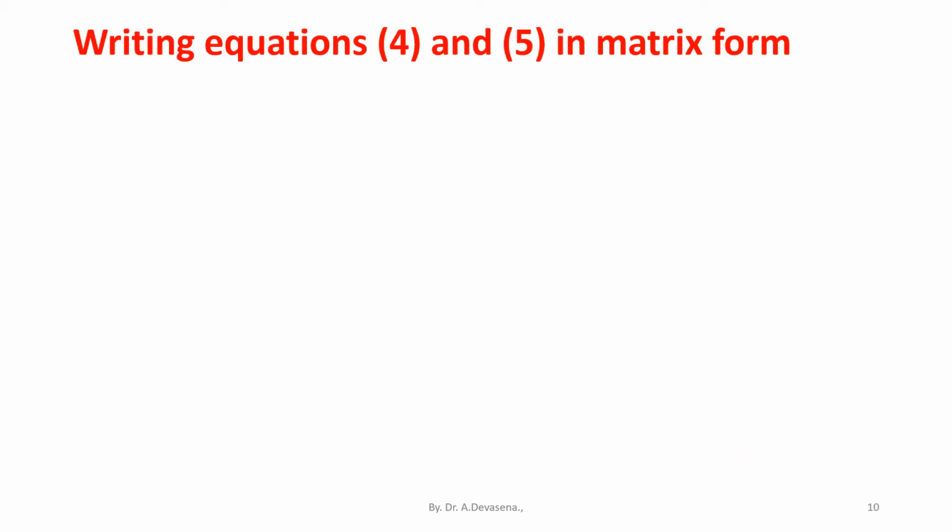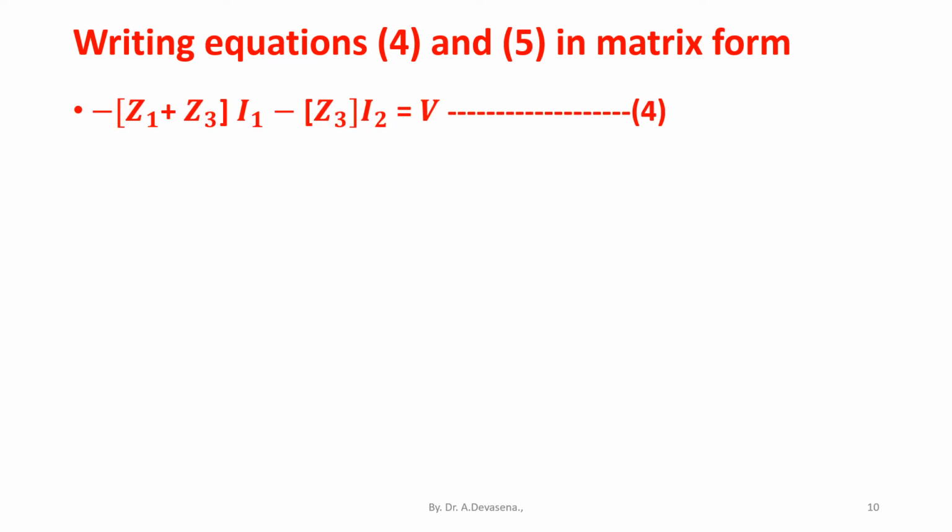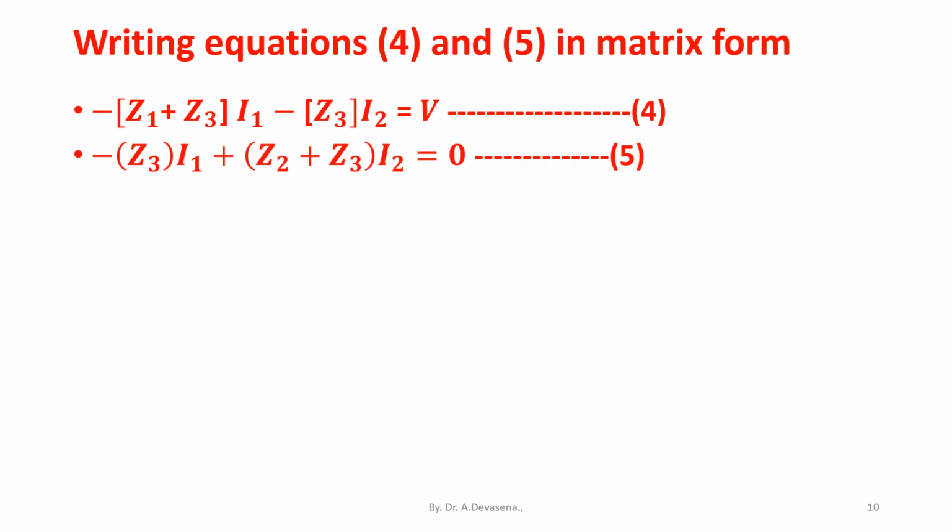Writing equations 4 and 5 in matrix form. This is our equation 4, that is, (Z1 plus Z3) I1 minus Z3 I2 is equal to V, which we have previously obtained, and minus Z3 I1 plus (Z2 plus Z3) I2 is equal to 0.